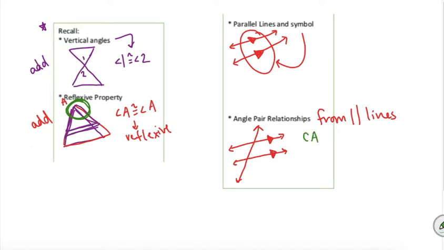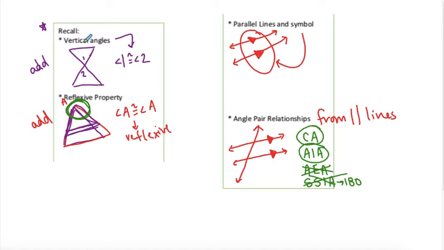We had corresponding angles, alternate interior angles, alternate exterior angles, and same side interior angles. Of these four in this unit, we might use corresponding, we might use alternate interior, but if we're looking at triangles, typically we're not going to use alternate exterior angles or same side interior because those aren't congruent. These are the ones that add up to 180.